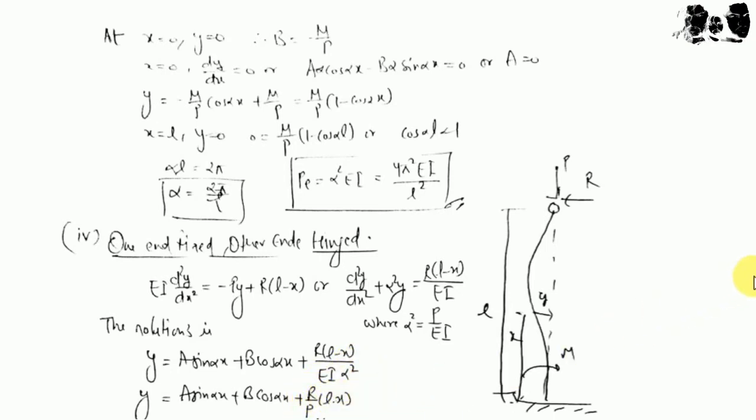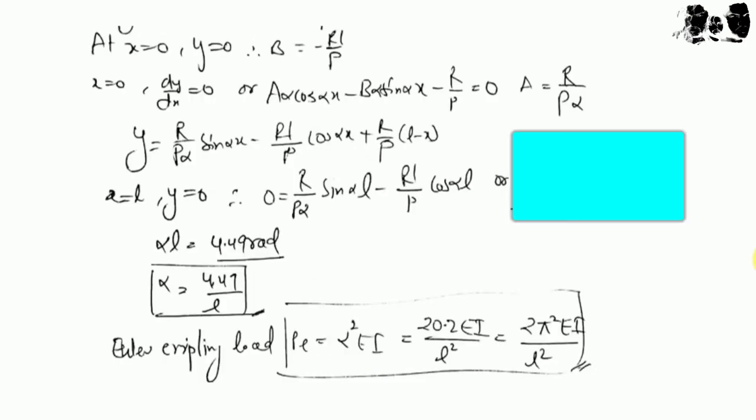Again we apply the boundary conditions, x equal to 0, y is equal to 0, then we have B is equal to minus RL upon P. For x equal to 0, slope is equal to 0, we put in all the values by differentiating the equation, then we have the value of A is equal to R upon P alpha.